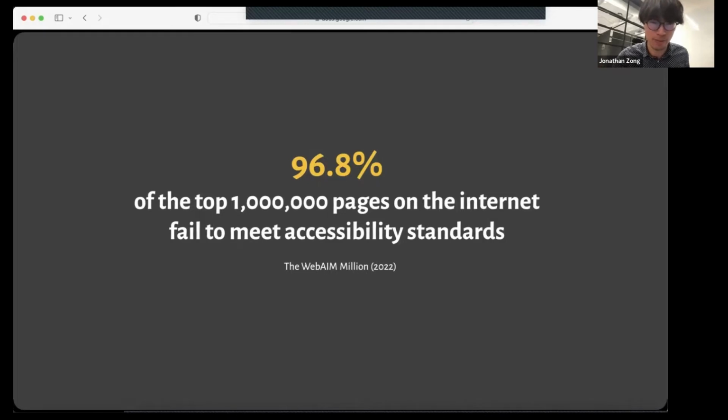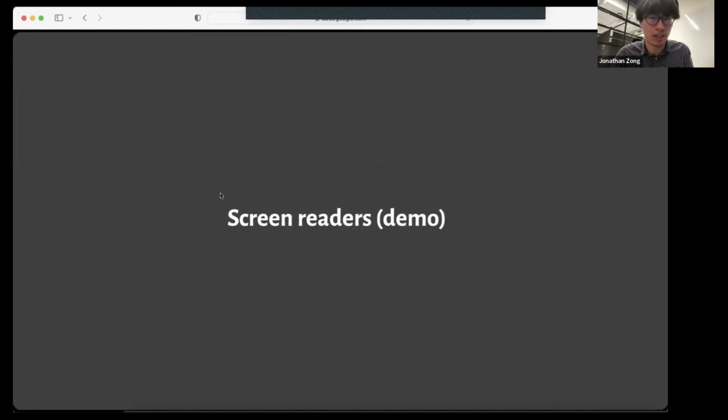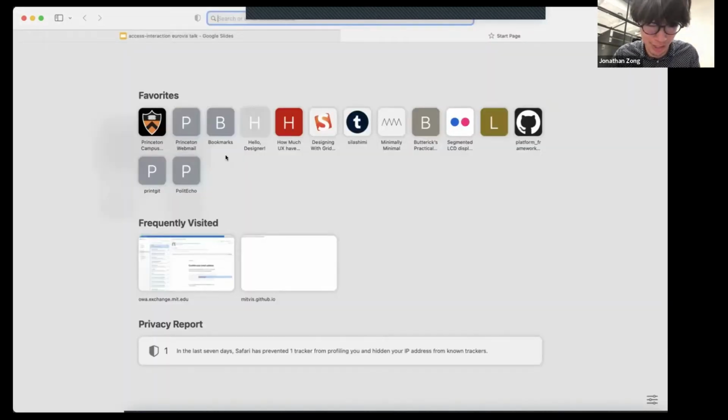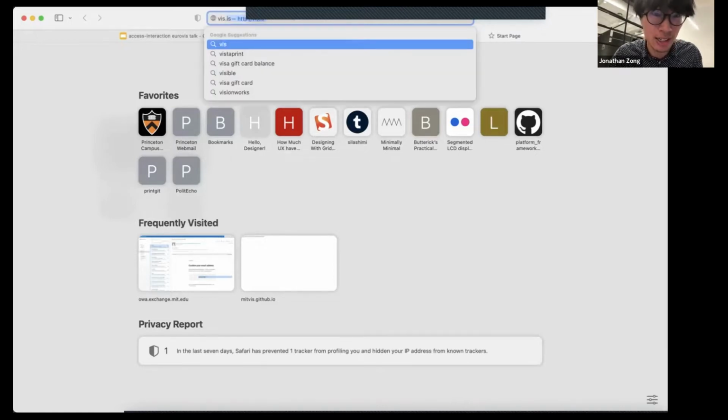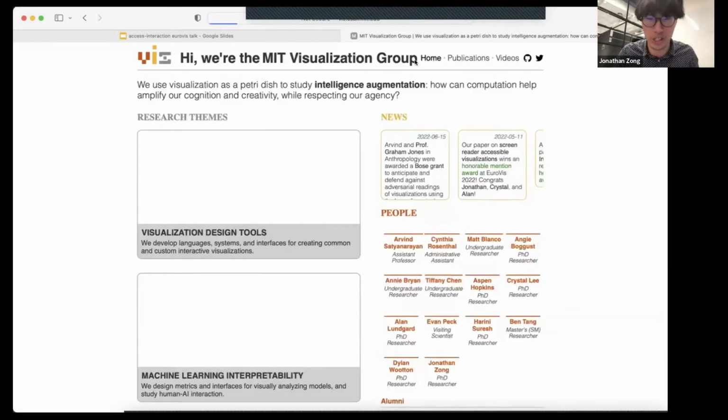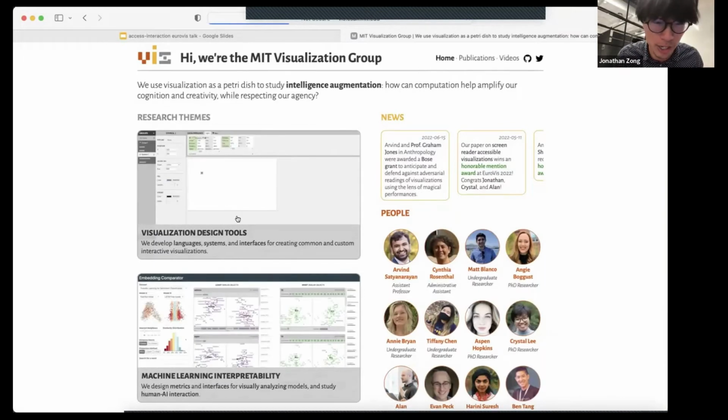I'm sure most of us are familiar with screen readers since this is a design for assistive technology class, but I'm just going to quickly demo what a screen reader is, just to make sure we're all on the same page.